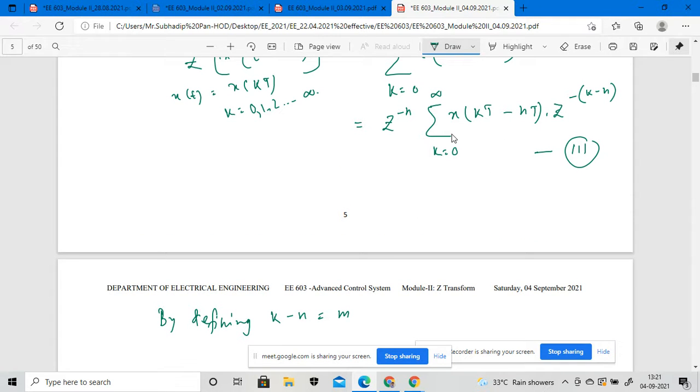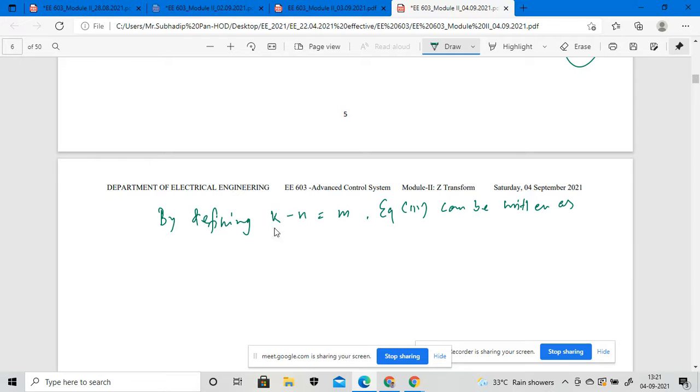from equation 3, that can be written as the Z transformation of x of t minus nt.